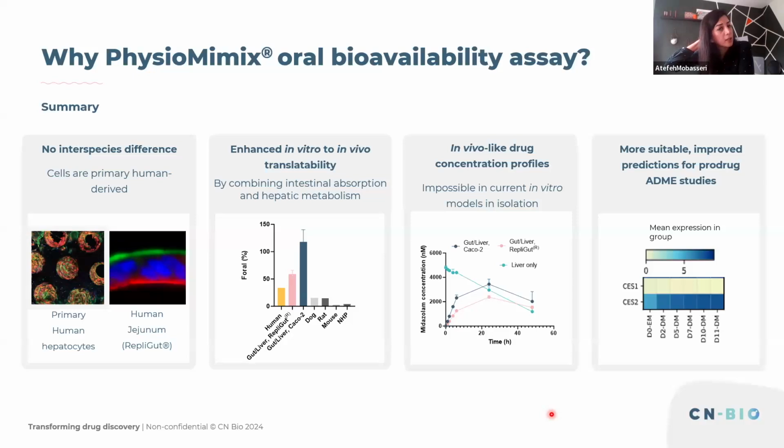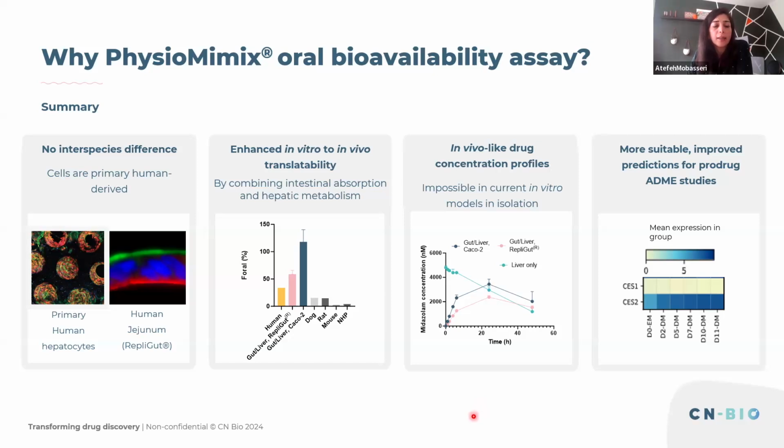To summarize the bioavailability work, when using this model we can see limited interspecies differences as we are using primary cells for both primary human hepatocytes and the gut compartment. We are able to combine these two together in the same experiment, so we can look at the combination of intestinal absorption and hepatic metabolism, and also at different concentrations of the drug.